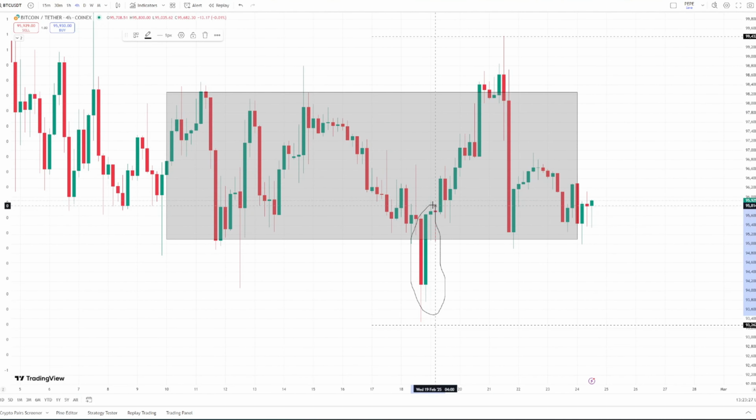You can see it, and furthermore, this is also a bullish engulfing candle. So candlestick patterns: whatever video I see on YouTube, they show you the doji does this, a bullish engulfing candle does this, and a bearish engulfing candle does this. Every candlestick pattern works, but where does it work?